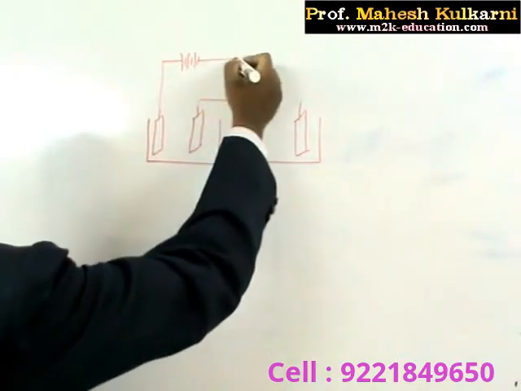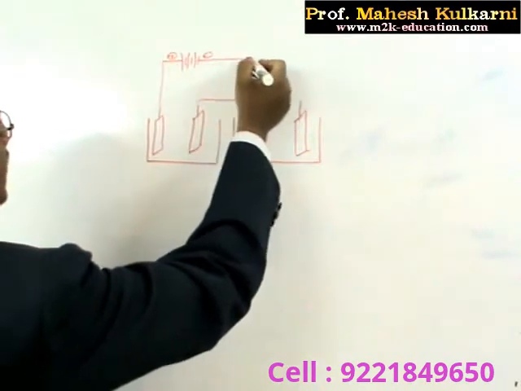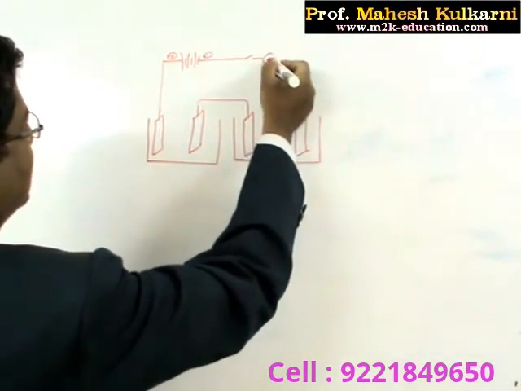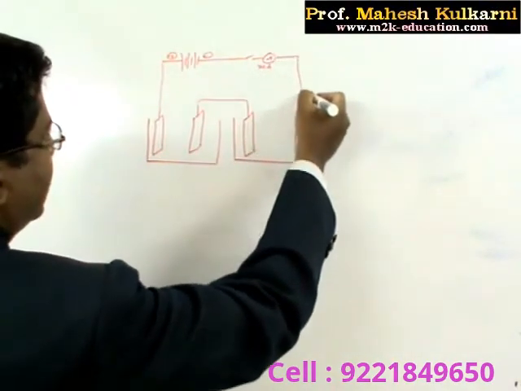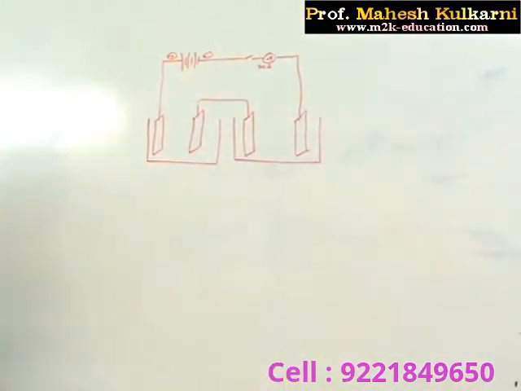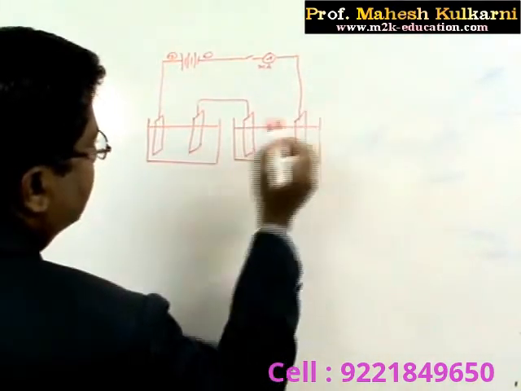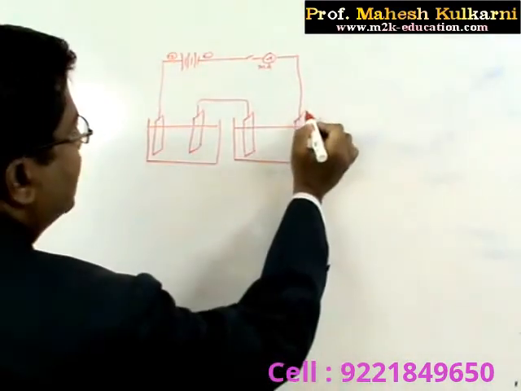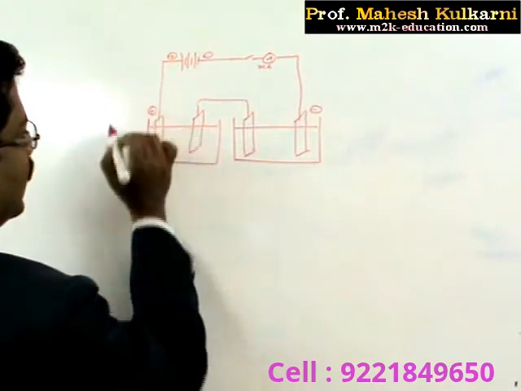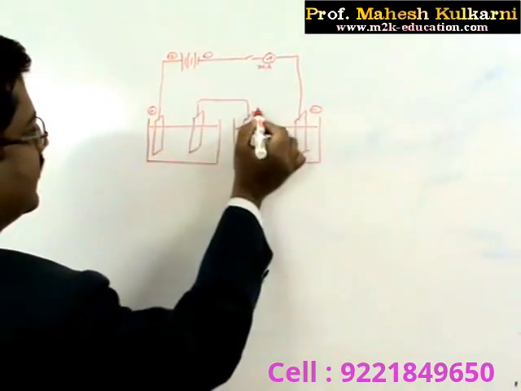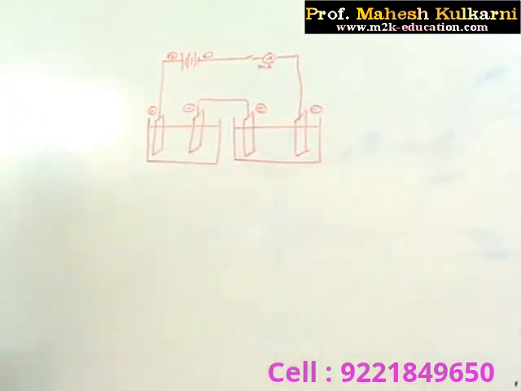This is the battery; this side is positive, this side is negative. Then there is a key, and in order to detect current we use a milliammeter and connect it. When we use the solution, the circuit is completed. So this is now the cathode, and this is the anode.